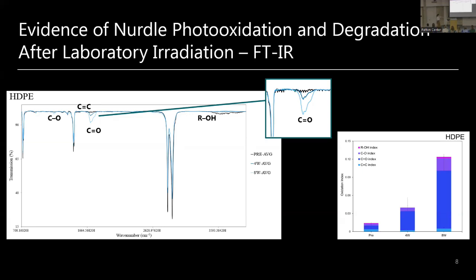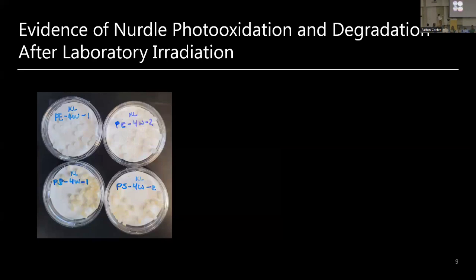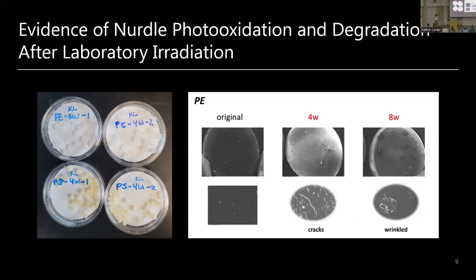Those indices, those bonds graphed, and you can see that there's a pretty significant oxidation over that time period. And then these are our nurdles after 4 weeks of irradiation. You can see the polystyrene ones have some yellowing, which is evidence of photooxidation, degradation. And then this is our polyethylene SEM imaging. After 4 weeks and 8 weeks, there's cracks and wrinkles, just some evidence that degradation was occurring.